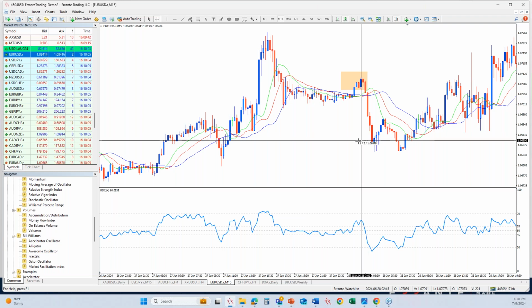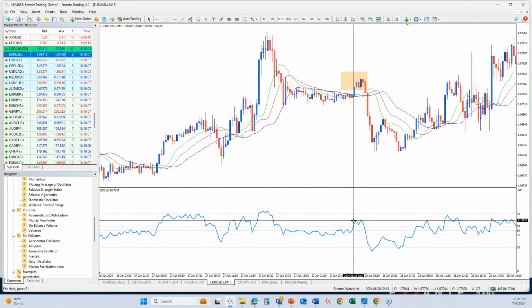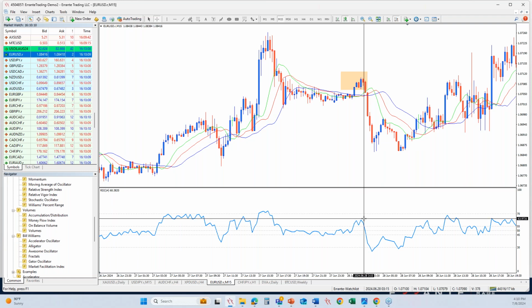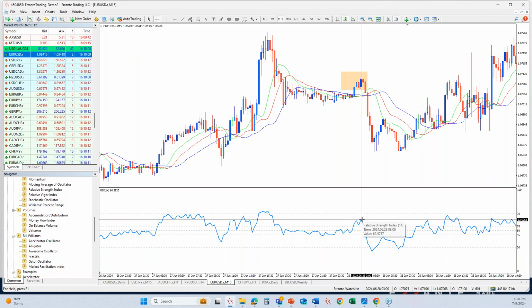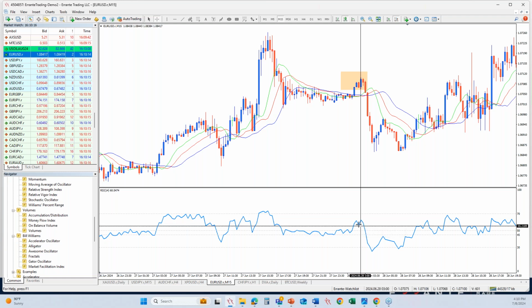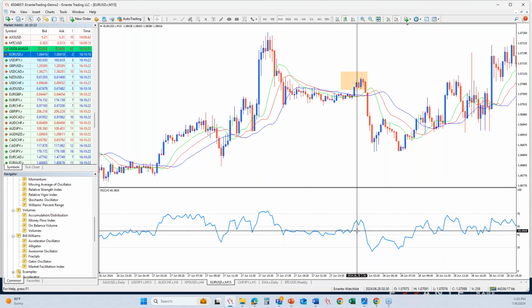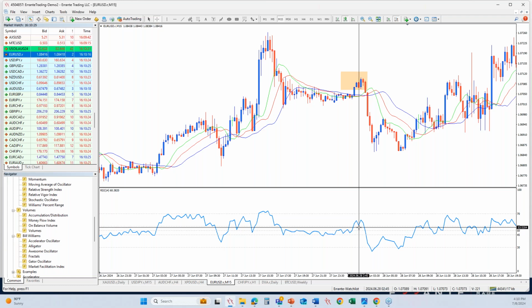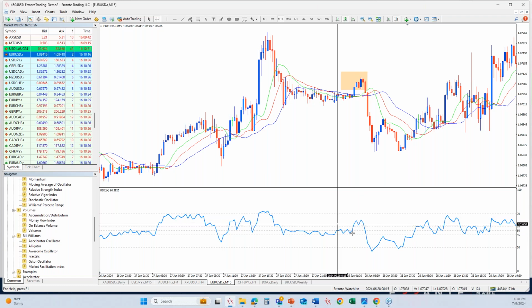For example, you can see here that the RSI can't move higher, and it can be an indication of a false breakout. As you see, the RSI is shaping a double top above the 50 or the neutral zone, in the buying region.